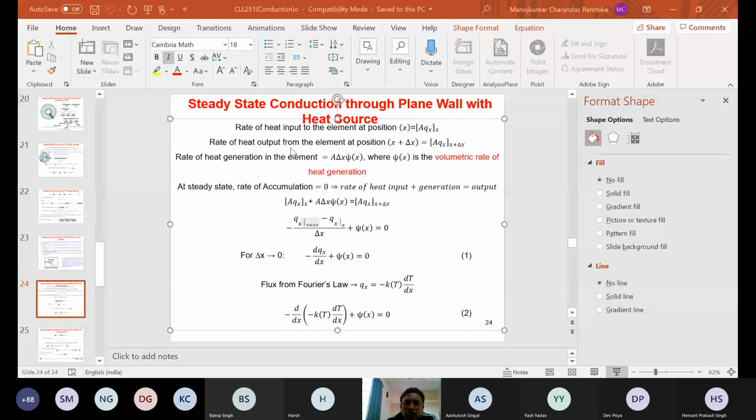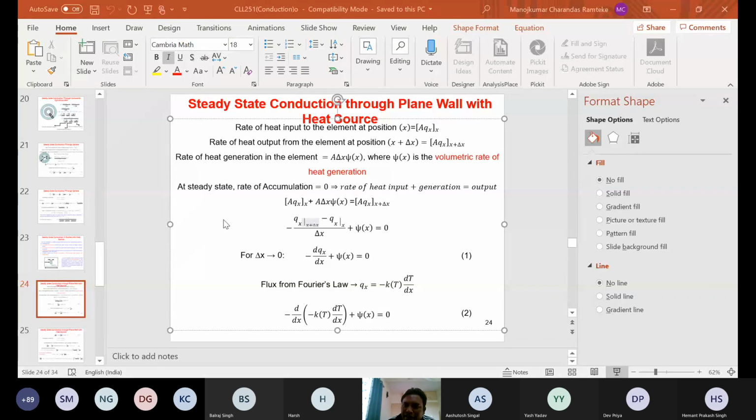Again, the simplifications we are assuming are that k remains constant, so thermal conductivity is not varying with temperature, and psi x is not varying along the x direction and is uniform throughout the solid, equal to psi v.